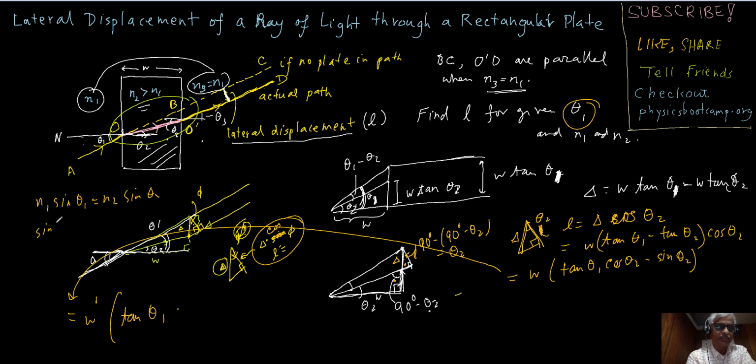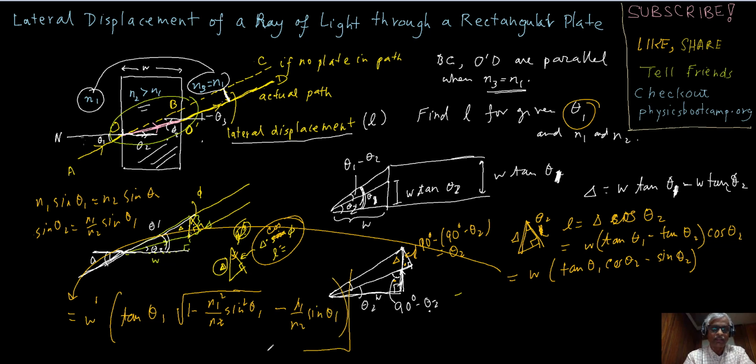So sine theta 2 is n1 over n2 sine theta 1. From there we can write cosine theta 2 will be square root of 1 minus n1 over n2 squared sine squared theta 1. So that's this guy, and this guy will be this stuff, n1 over n2 sine theta 1. And so that will be the answer.